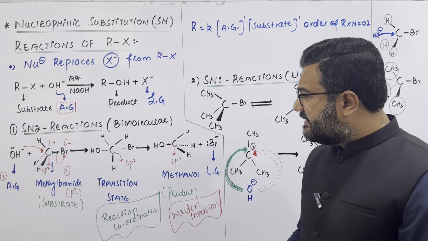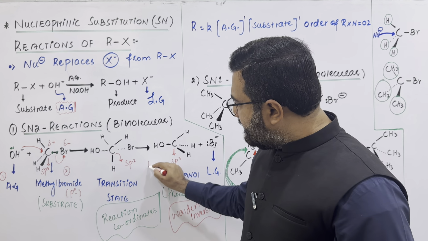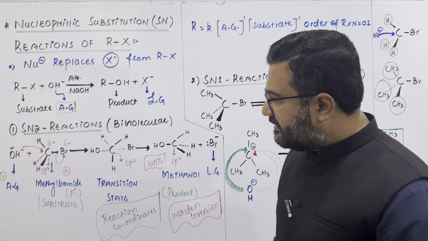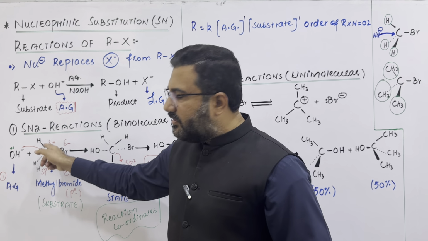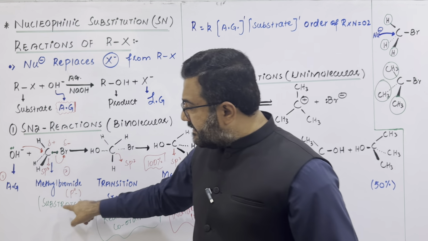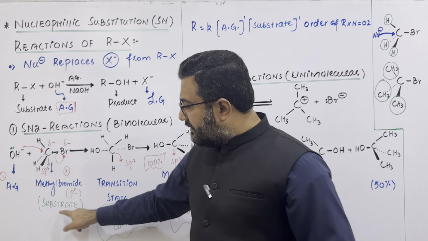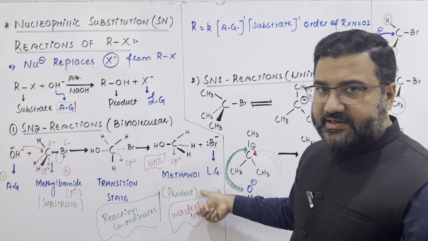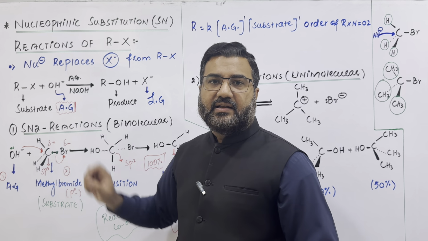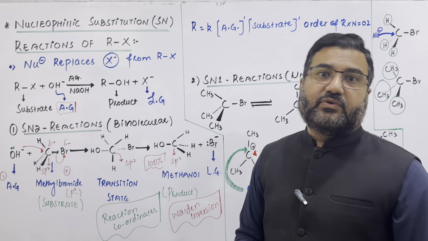And my dear students, there are 100% chances that there will be inversion of the configuration, because the attacking group always attacks from the back side. If the substrate is optically active and the product is also optically active, then if the substrate is dextrorotatory, the product will become levorotatory.